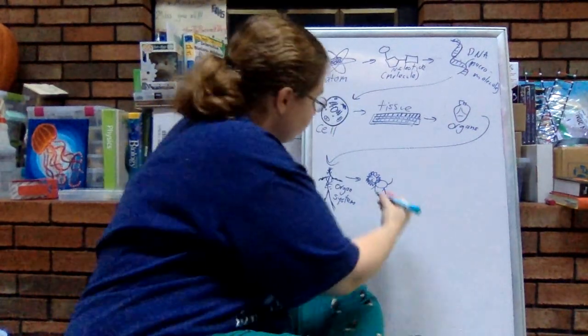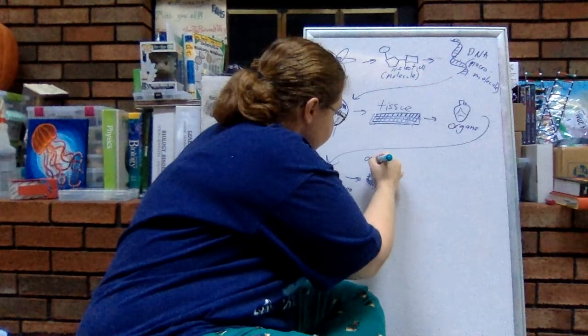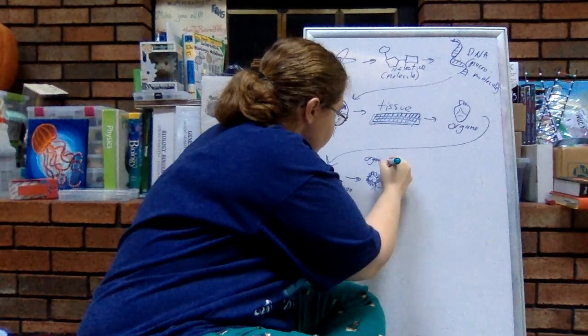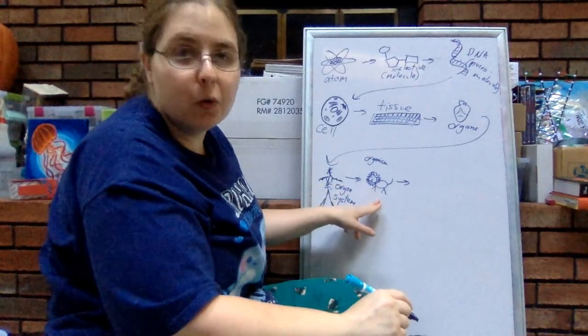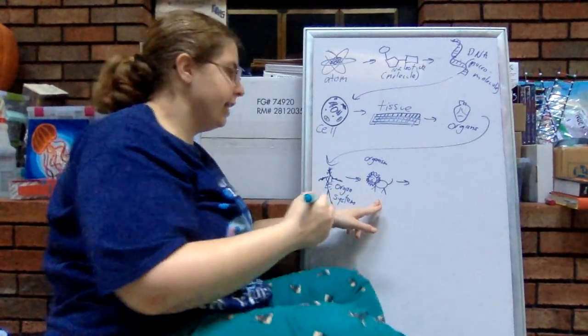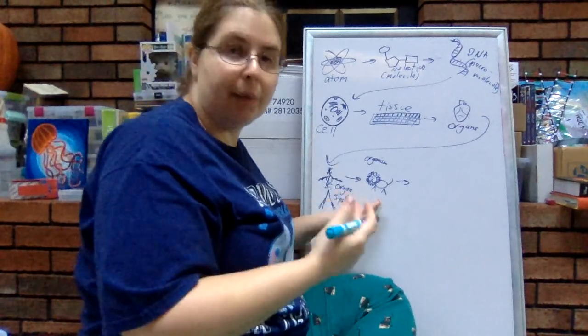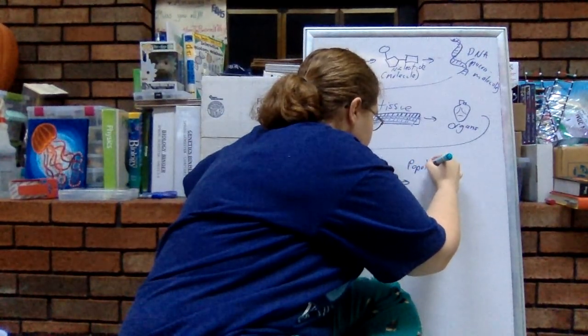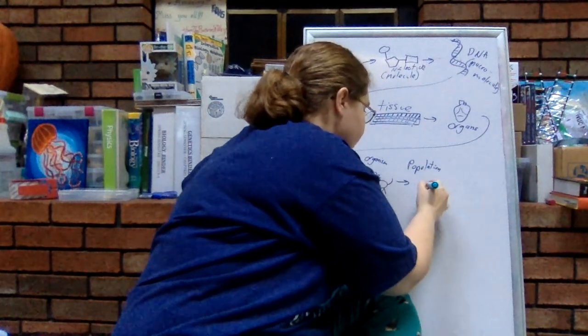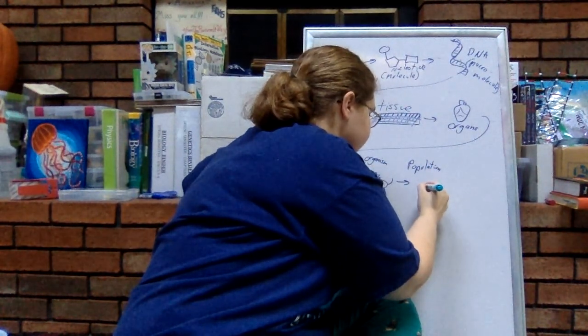So organ systems come together to form an organism. All of the same kind of organisms living together in an area form a population. So this would be all the lines together.